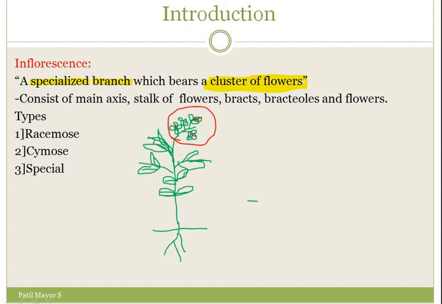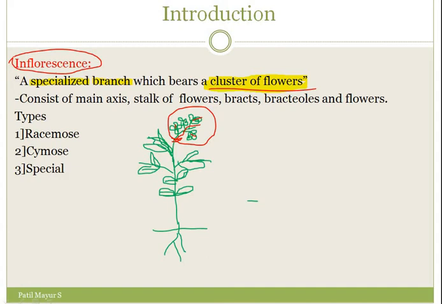So this branch which bears a cluster of flowers or a group of flowers is called the inflorescence. It is also a reproductive part because it bears the flower, and flower is the reproductive part. So inflorescence itself is a reproductive part.